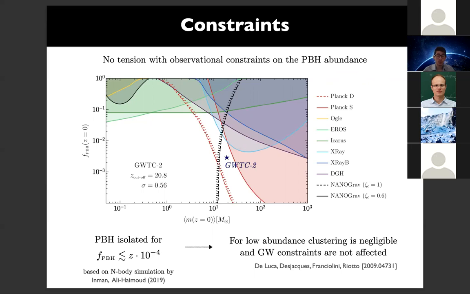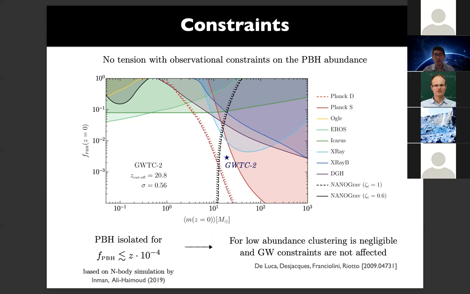But of course, these constraints depend on the geometry of the accretion flow, which is assumed. The geometry can be a disk geometry or a spherical one. But since we are at very high redshift, the formation of a disk is actually quite improbable. So the most probable scenario is to have a spherical geometry, which is the solid red line.